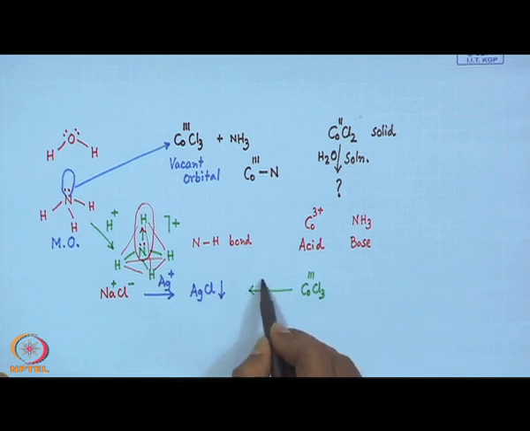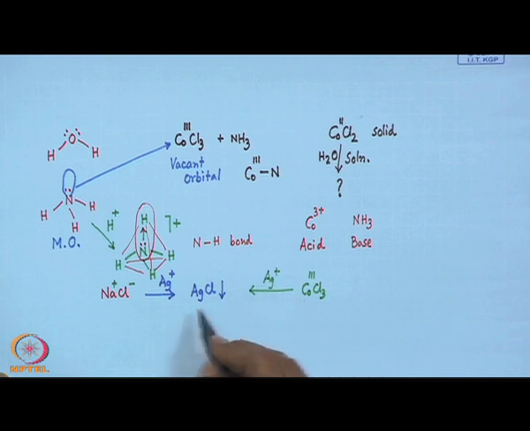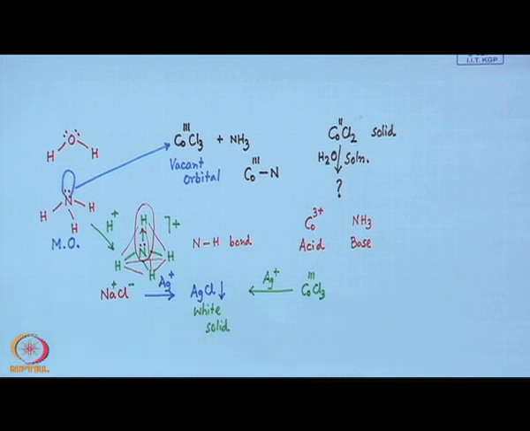So, the same reaction with Ag plus will definitely go for the precipitation of silver chloride as white solid in solution, because that is getting precipitated out from the solution.